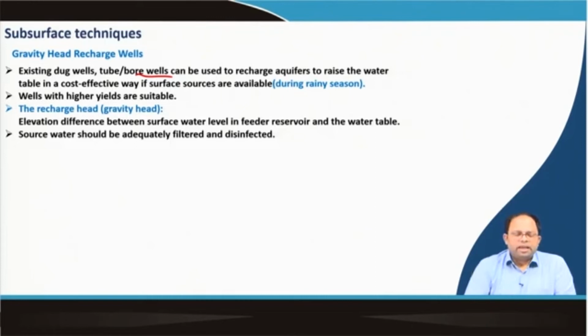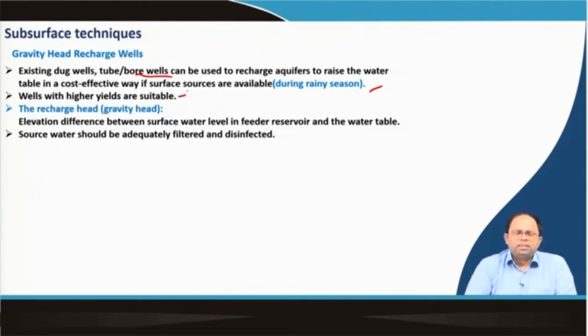And this is where we can put in water via these structures to raise the water table, and in this case we do not need to put in any extra cost or investment for developing any kind of recharge structure. So during rainy season, when extra water is available, we can put the water back into these wells, and that will increase the level of the water table in those areas.